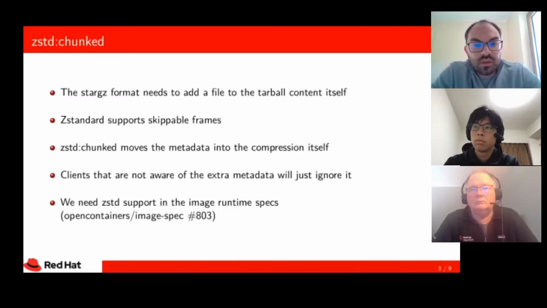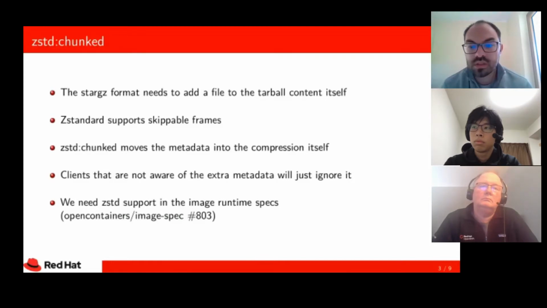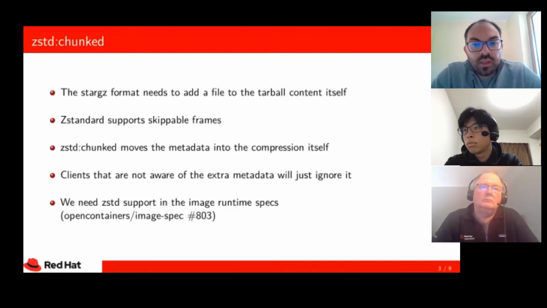What it means is that for OCI images, the diff ID will be unchanged because once uncompressed, it's exactly the same as before being compressed. And clients that don't understand the new metadata will just ignore it. And that's defined in the zstd compression format. So there is no way to confuse clients that are not aware of the additional metadata.